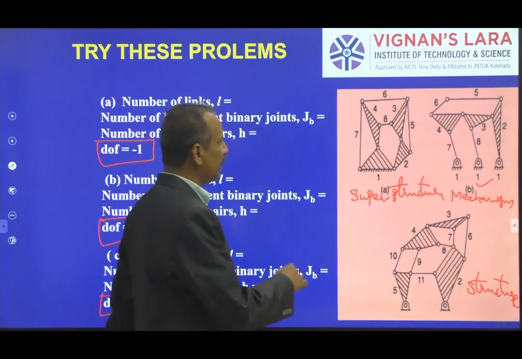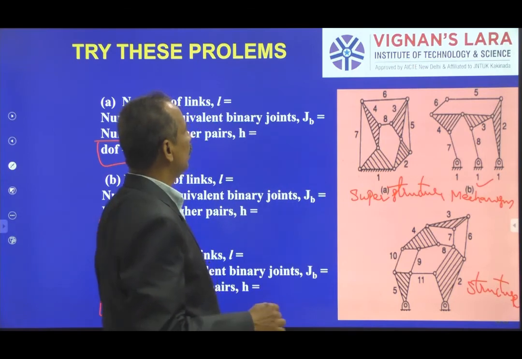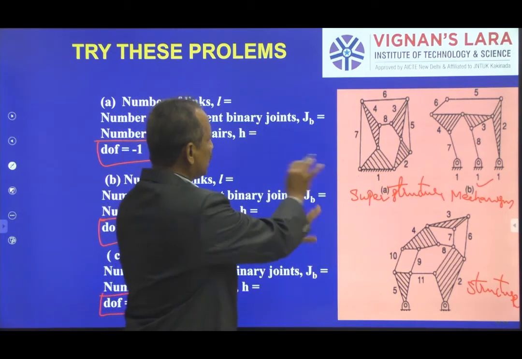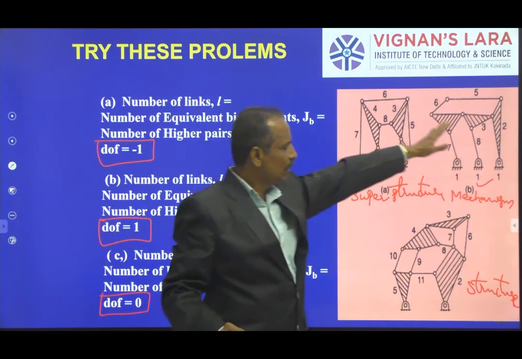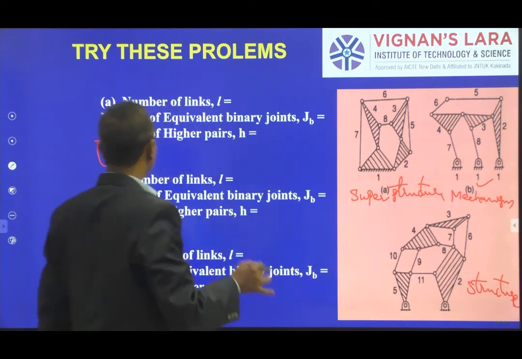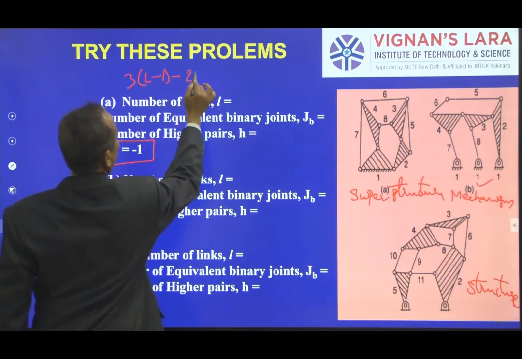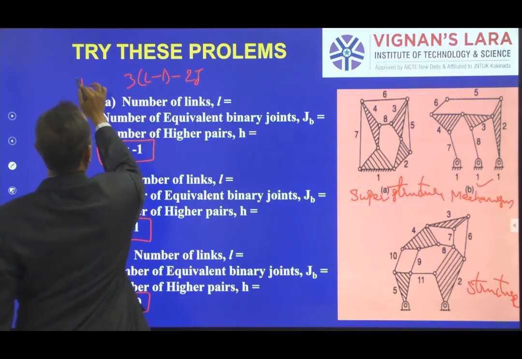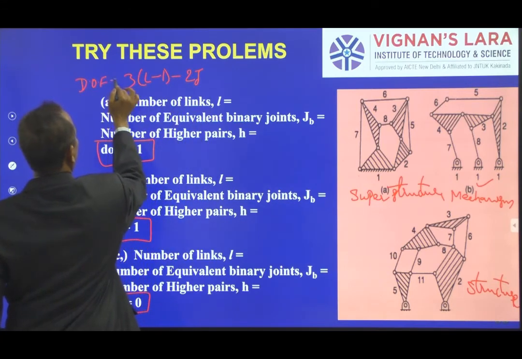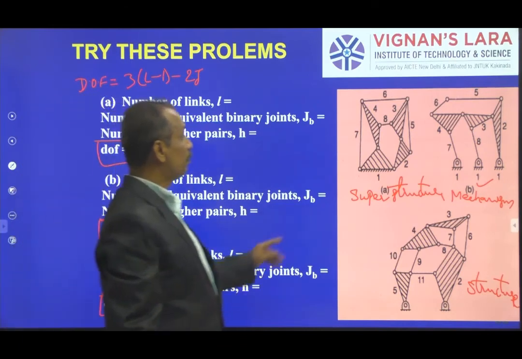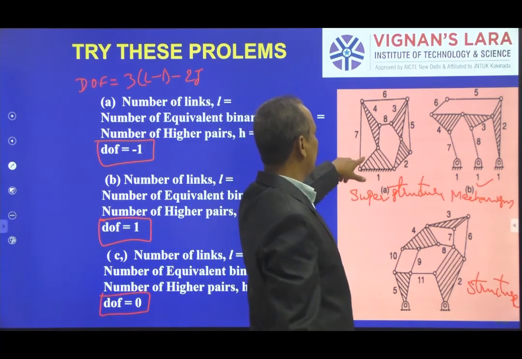So you can see here how to identify: in all these cases there are no higher pairs. All these problems, no higher pairs. So your formula is simply 3 into L minus 1 minus 2J is degrees of freedom. No higher pair, but binary joints, ternary, quaternary joints are there.